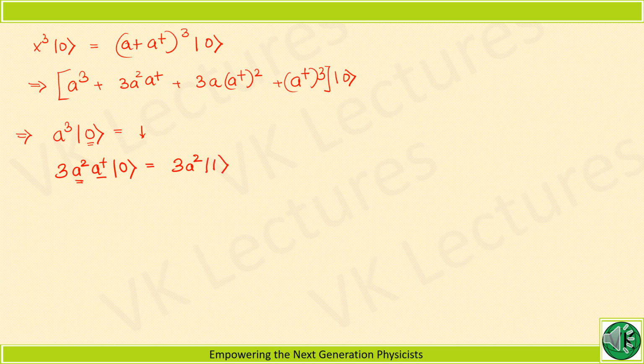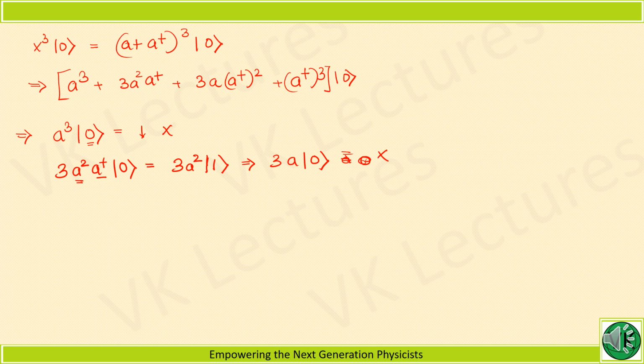So we got the first state, but a squared is acting on 1. If a squared acts on 1, a brings 1 to 0, and then a is acting on 0 again. A cannot act on 0, so this is not possible.